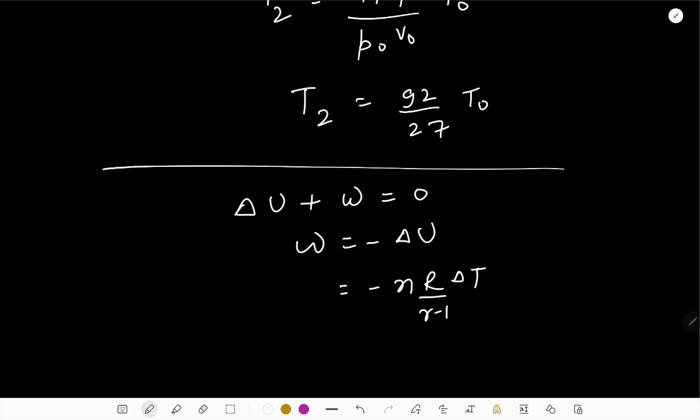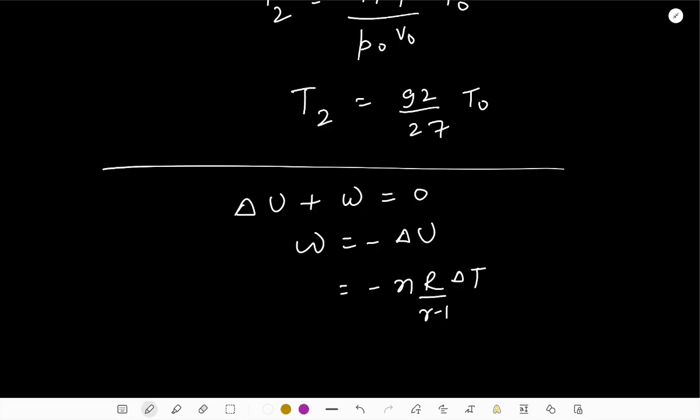We know the value of gamma as well, but we don't know the value of n, though we can find it, and this is simply P0 V0 by T0.